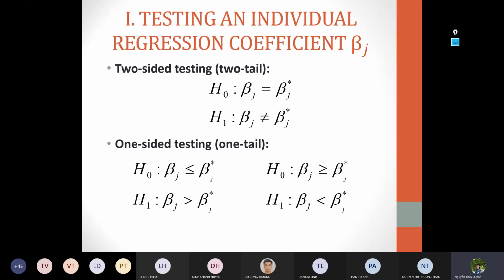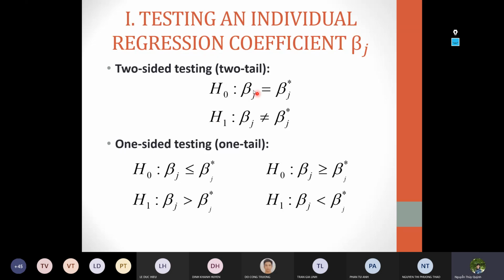We have two-sided testing, or two-tail testing, and one-sided testing. Here we have beta j. H0 is the null hypothesis and H1 is the alternative hypothesis, what we believe to be true.